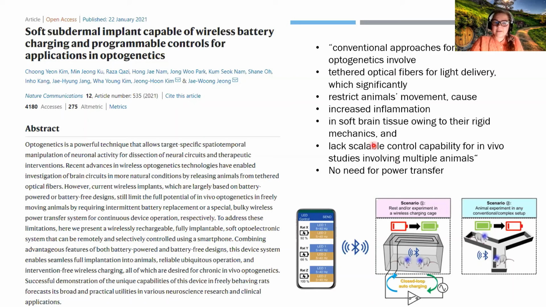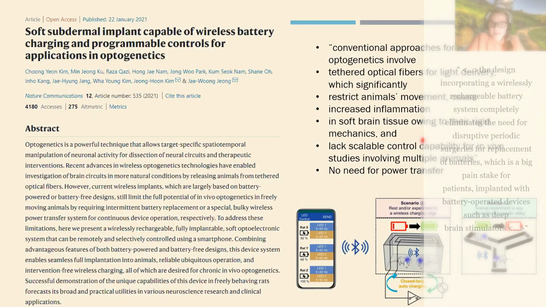So it solved a very, very, very huge problem: before this day, optogenetics devices had to be tethered to participants for light delivery, and that restricted animals' movement and caused increased inflammation in the soft brain tissue where these electrical wires were.